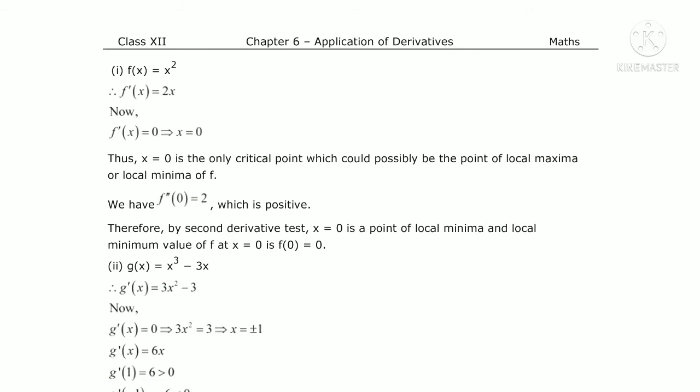In case of the second derivative, if positive, then minima, and if negative, then maxima. Therefore, by the second derivative test, x equal to 0 is a point of local minima, because it is greater than 0. Greater than 0 means minima, isn't it?